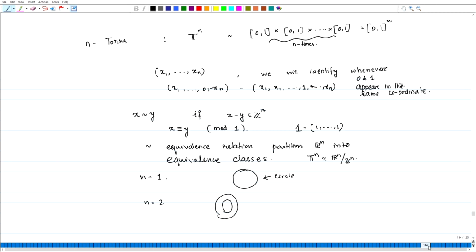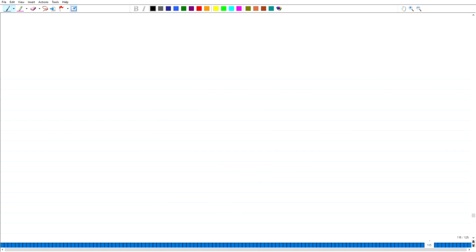While doing Fourier analysis, what we have seen is that we need the structure of a group.